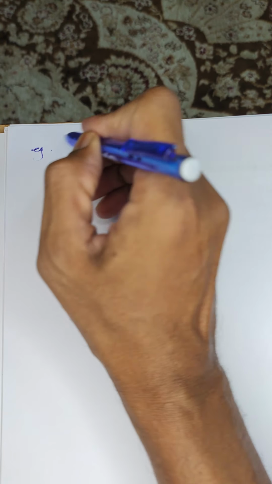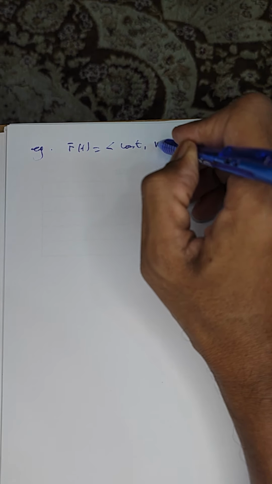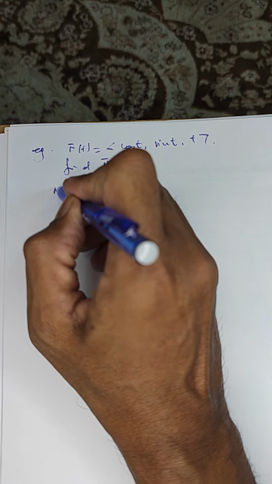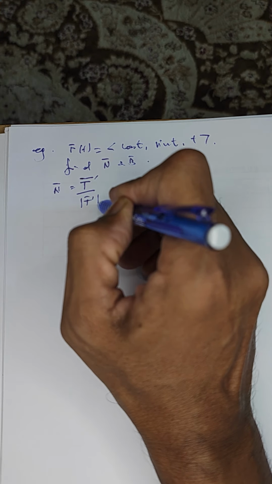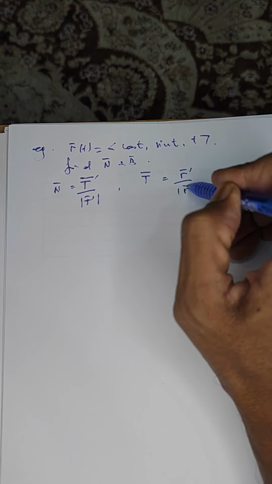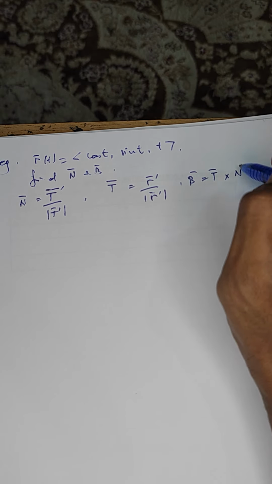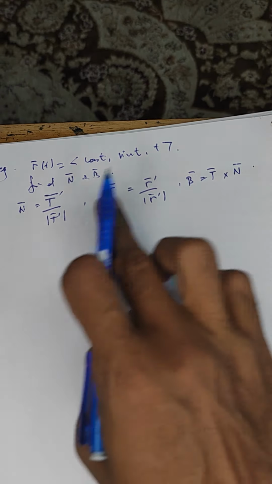Let's say example: given r(t) as cos t, sin t, and t, find N and B. Of course, in order to find N, we need T. To find N, we need T prime over the magnitude of T prime, and T itself is given as r prime over the magnitude of r prime, and B is T cross N. Okay, so based on that, we need to find r prime.